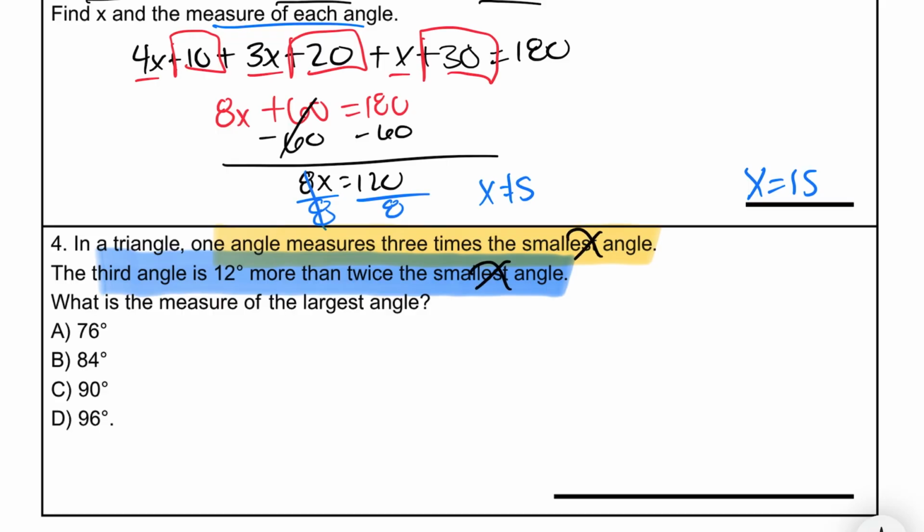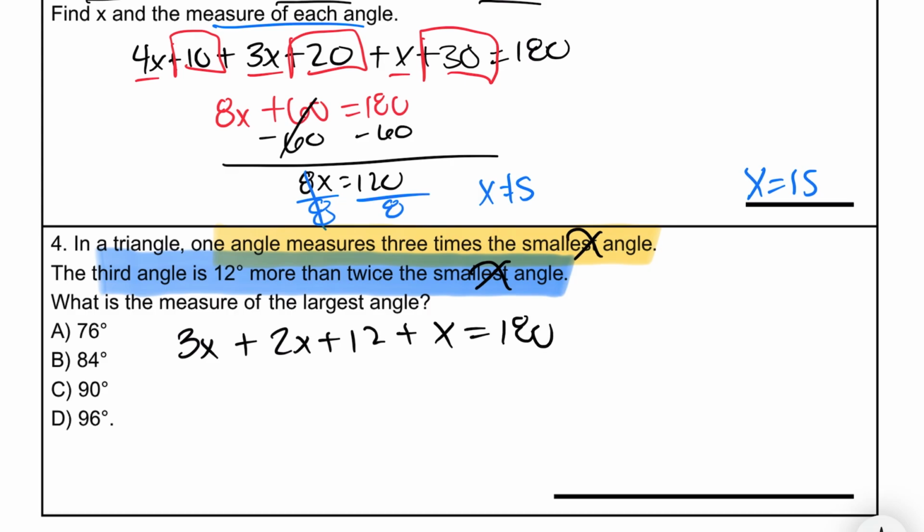So then I can read it, okay, starting back at the beginning. In a triangle, one angle measures 3 times the smallest angle. So 3 times x. Plus the third angle is 12 more than twice the x. So 2x plus 12. And then, of course, we have the last angle, which is x, equal to 180.